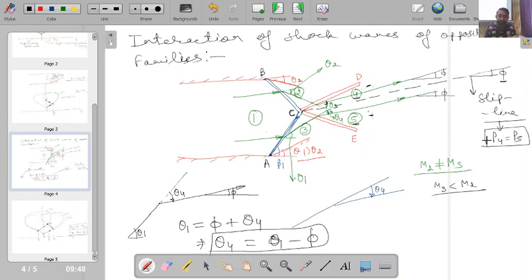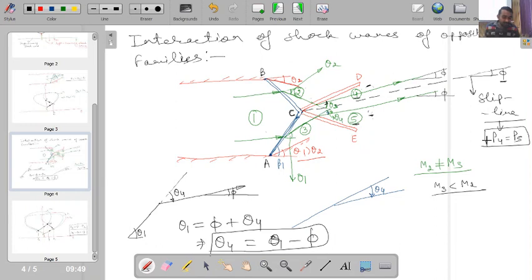If any pressure is larger, then that will not result in a straight slip line. We will have a curved slip line. Here we are referring to 1D or 2D flow conditions, where our streamlines are straight and parallel. We are not talking about the curved streamlines which occur in the case of three-dimensional shock waves. Is this clear?